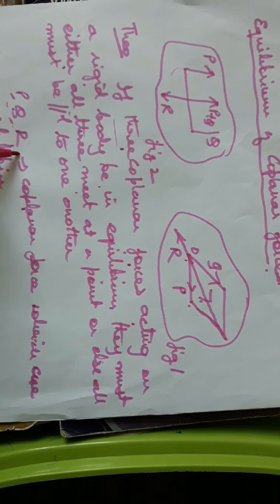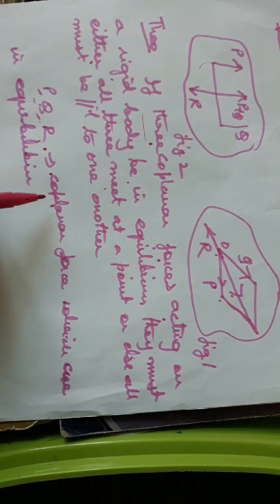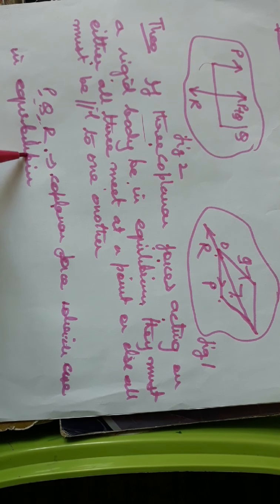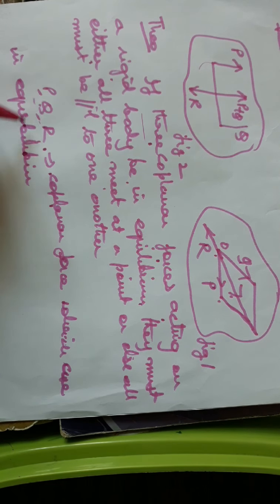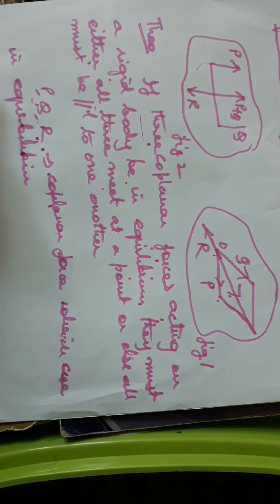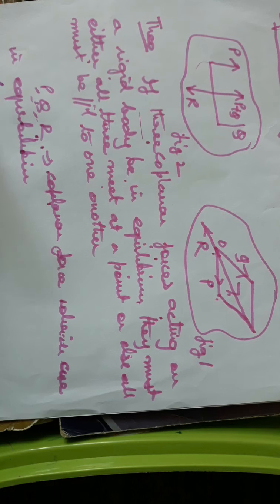If P, Q, R are forces acting on a rigid body which are in equilibrium, we name these forces as P, Q, R. Suppose forces P and Q meet at a point.